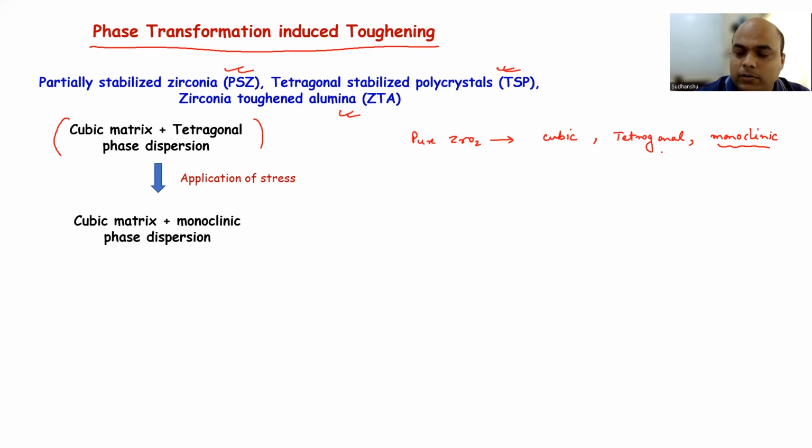So when we cool pure zirconia down from high temperature to room temperature, and it transforms from tetragonal to monoclinic, there is a huge dilation. There is a huge volume expansion, about 4%, and this leads to thermal cracking.